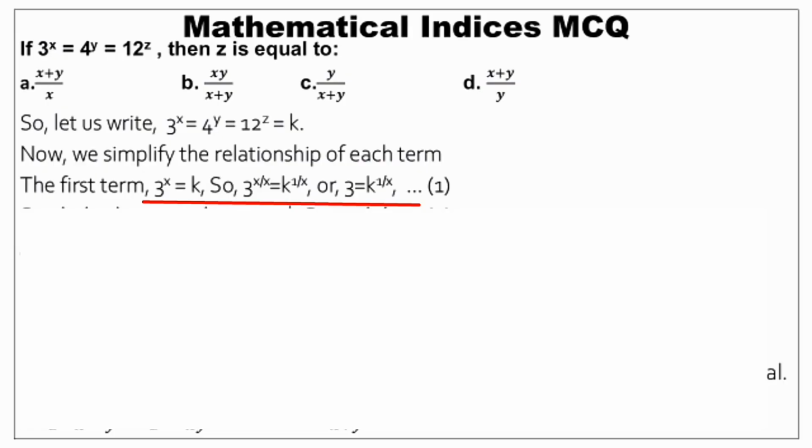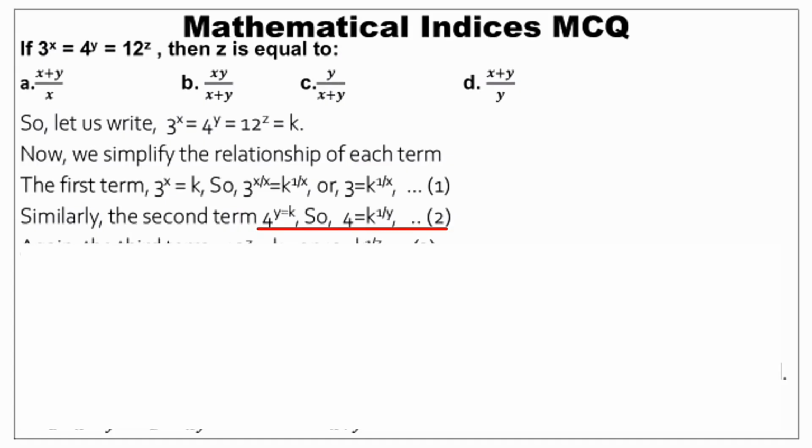If we raise both sides to the power 1 by x, we get 3 to the power x by x is equal to k to the power 1 by x. Because 3 to the power x by x is 1, so 3 to the power 1 means 3 is equal to k to the power 1 by x. This we name as equation number 1 for reference.